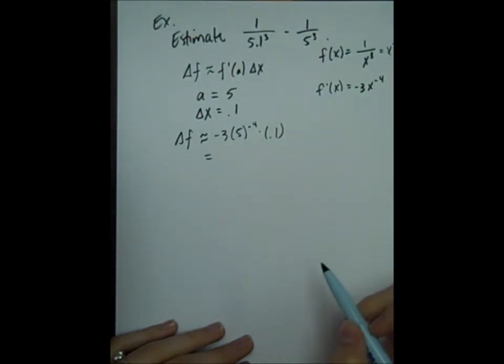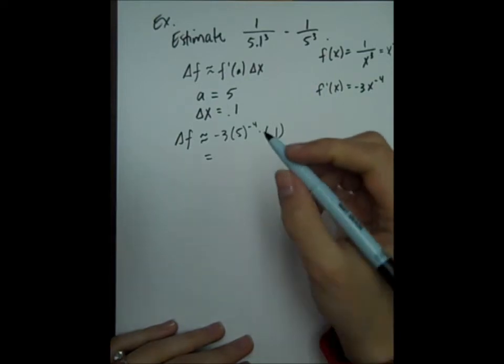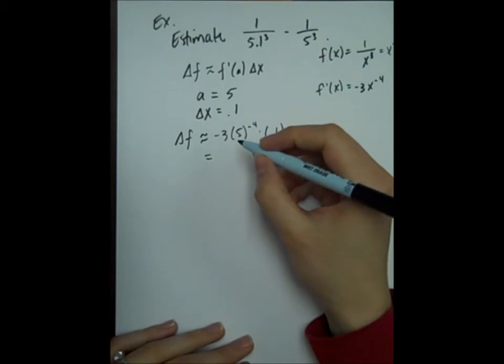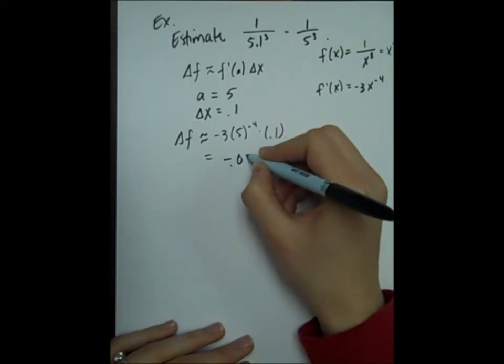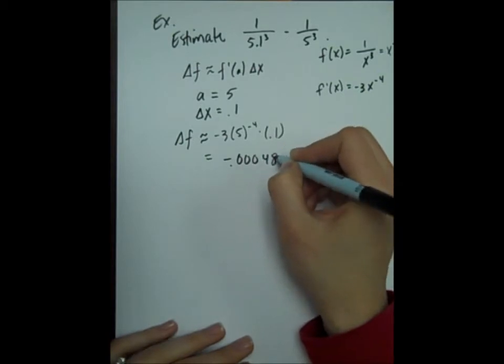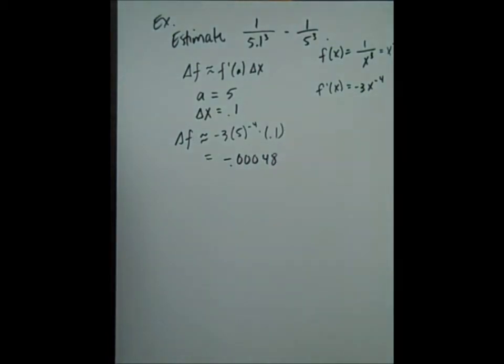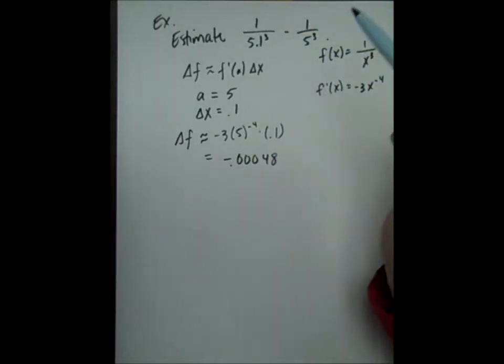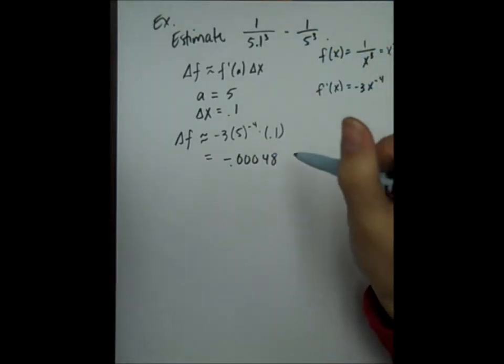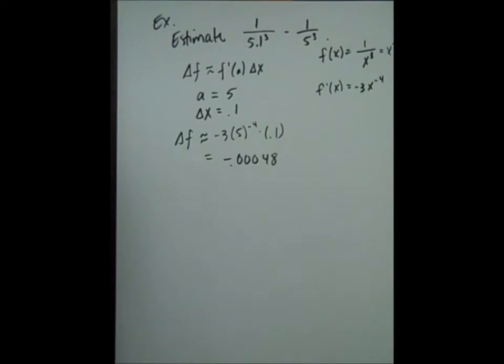So what is negative 3 times 5 to the negative 4 times 0.1? I got that this is negative 0.00048. So a very, very small number. What this says is that the difference between 1 over 5.1 cubed minus 1 over 5 cubed is approximately negative 0.00048.